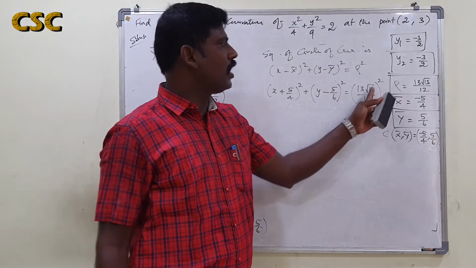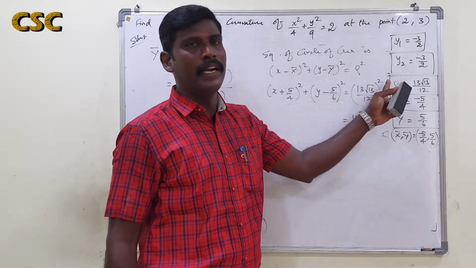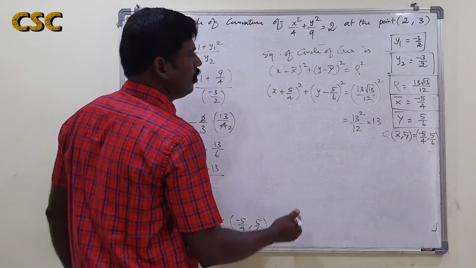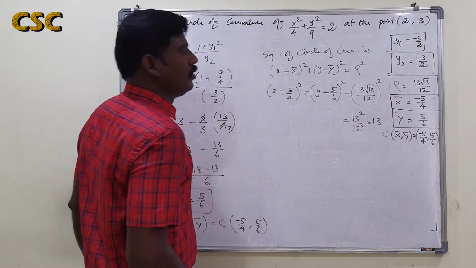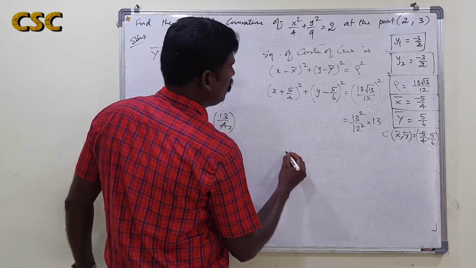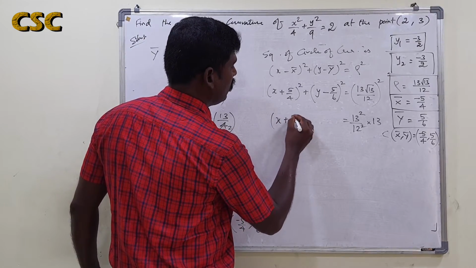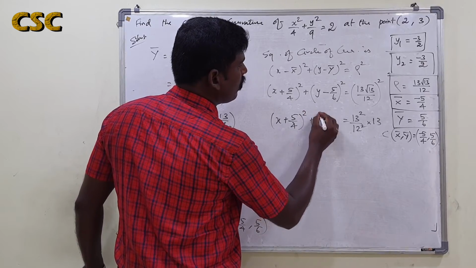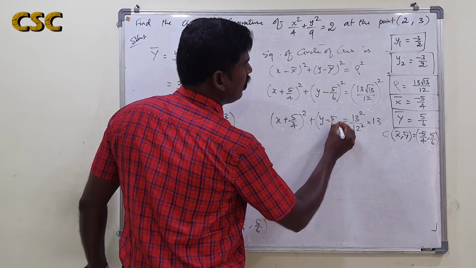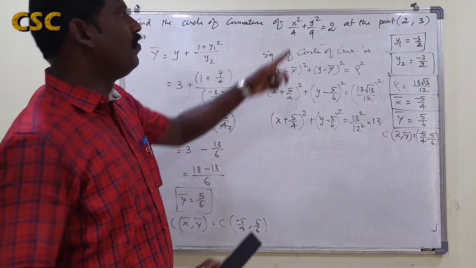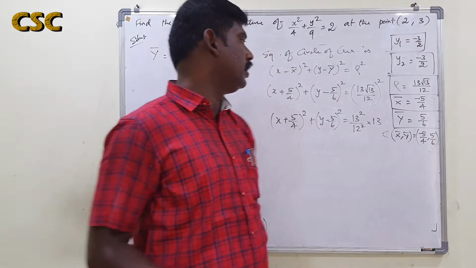Taking the square of this, root 13 squared is eliminated, so 13 is here. Sorry, 13 square by 12 square. This is the equation of circle of curvature of this curve at the point 2, 3. That's all. Right?